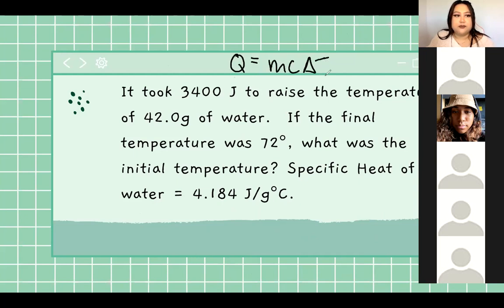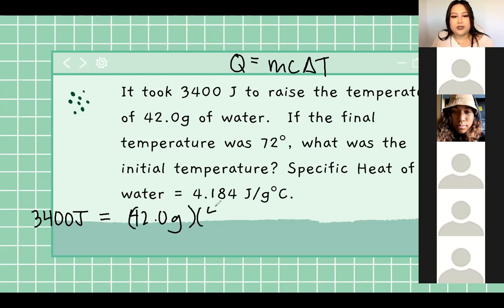TI, perfect. Okay, so filling everything in, what would go in the Q? 3,400 joules. Thank you. And then for M, 42.0.